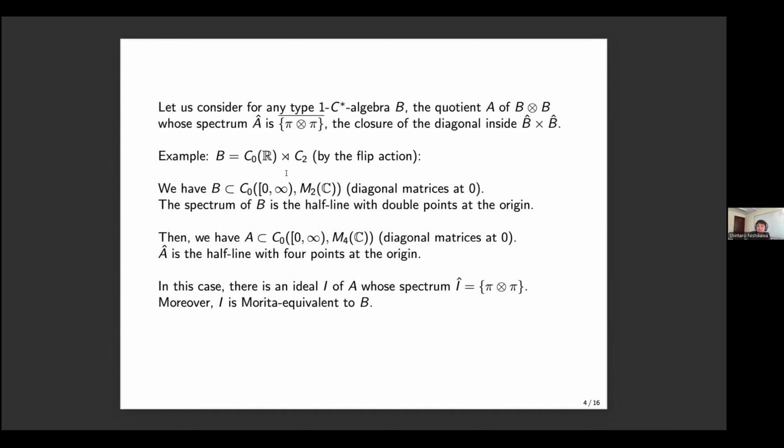So take B equals C_0(R), with Z/2 acting by the flip action. You can identify this as, if you like, a subalgebra of the cone of M_2, where at the origin it's diagonal. So you frequently encounter this non-Hausdorff spectrum, the half line with the double point at the origin. This is a non-Hausdorff example of a spectrum, one of the easiest ones.